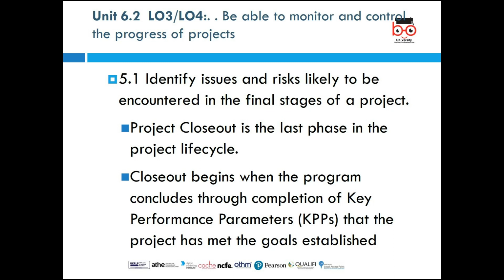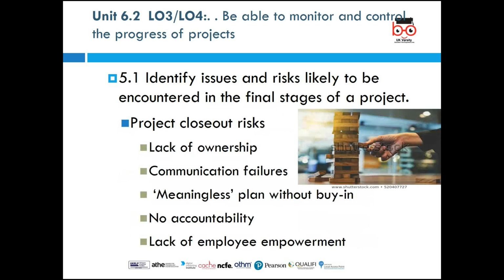The closeout phase. Because if you finish the project, you have to close it and hand the project over to the sponsors. And you have to make sure that all key performance parameters have been met. All the goals and the standards that you set for the project have been completed. And in that case, you hand the project over to the sponsor. That is the project closeout phase. It begins when the program concludes through completion of key performance indicators.